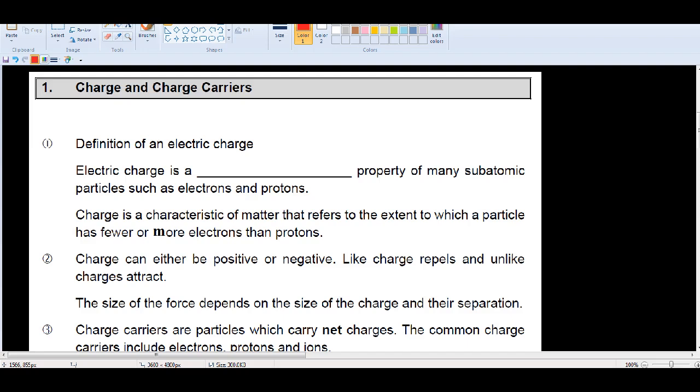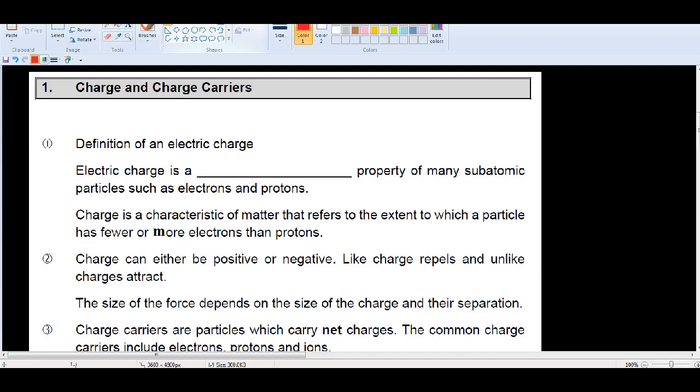Normally when we say electron is a charge, it is not entirely wrong because everyone understands what it means, but actually electron is a charge carrier, and the charge you carry is another quantity. When we call charge, it's not a thing, it's actually a quantity. It's not a particle.